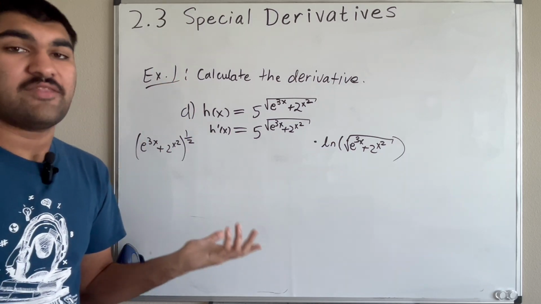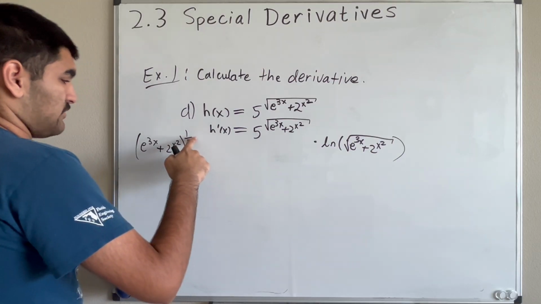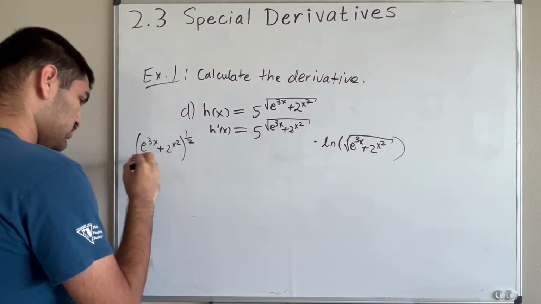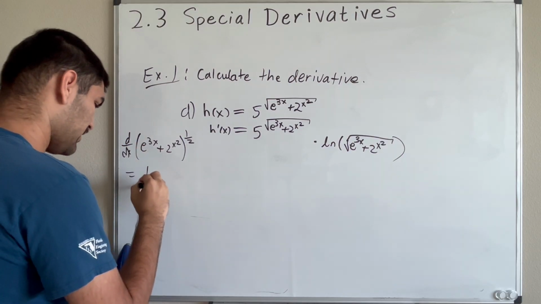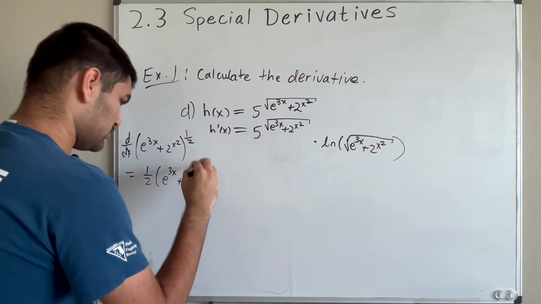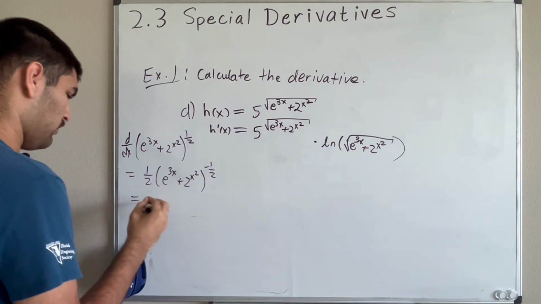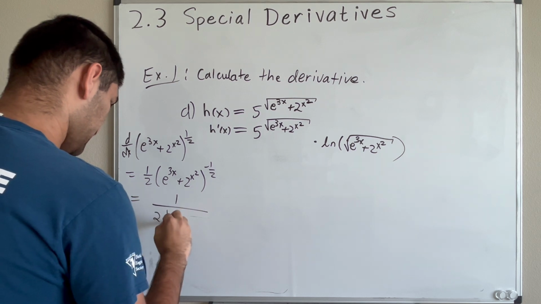So now we can just apply the power rule. So that's very nice. So power rule just says that we bring this out front and we subtract 1. So the derivative of this is just equal to 1/2 e to the 3x plus 2 to the x squared to the negative 1/2. Or in other words, it's just 1 over 2 times the square root of this expression.